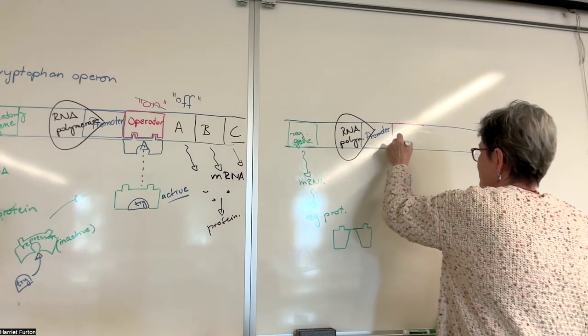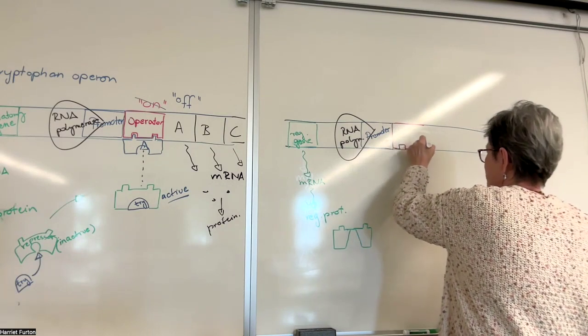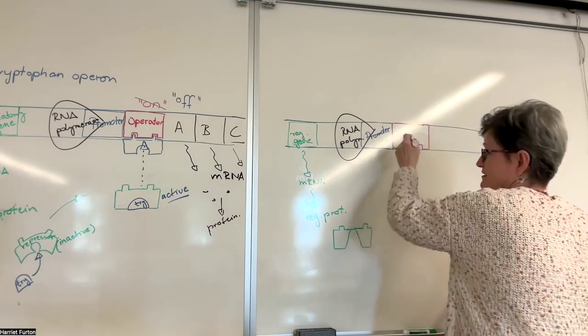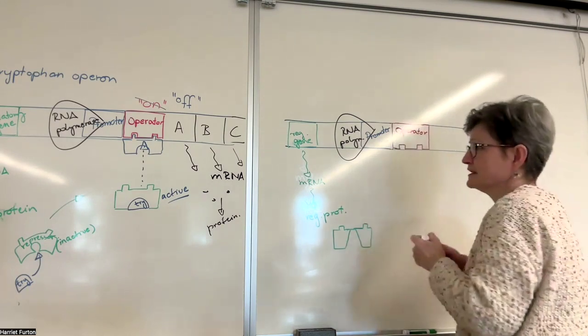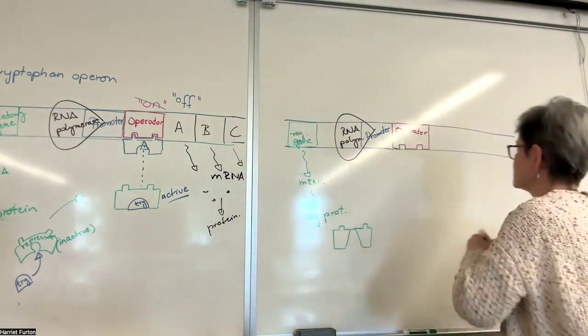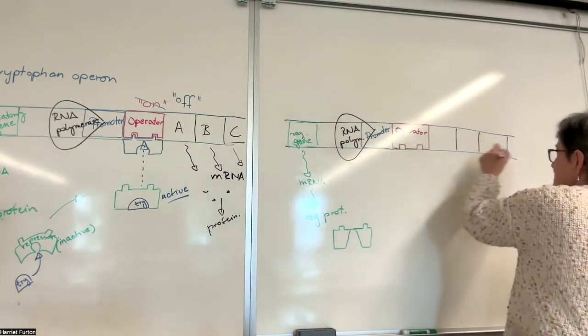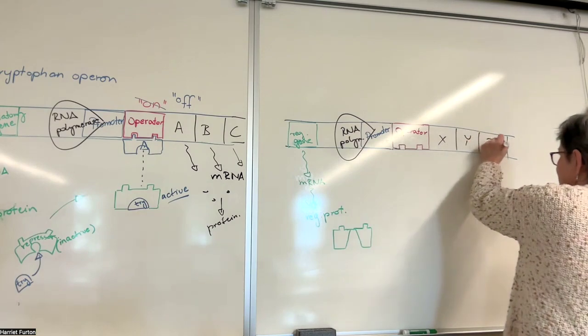I use the same shapes, but they don't have to be the same. So this is the operator segment. And let's say now we have the genes after this, but it's a little bit different: X, Y, and Z genes.